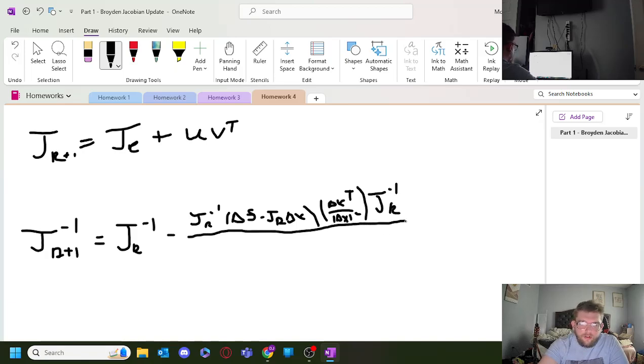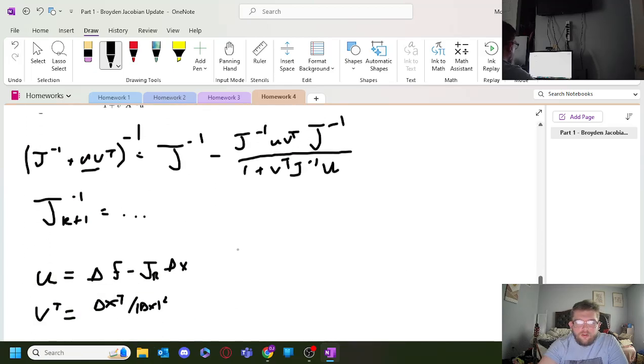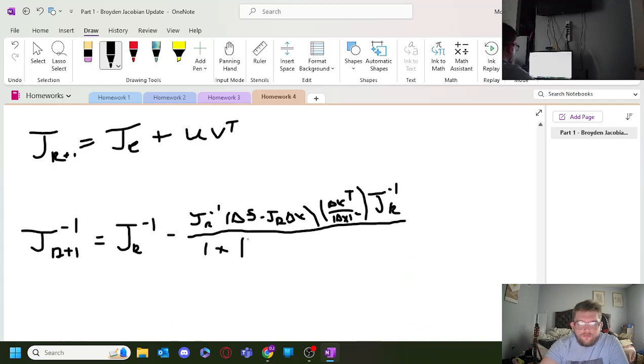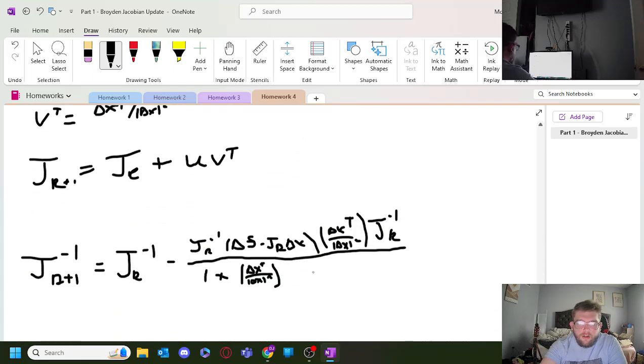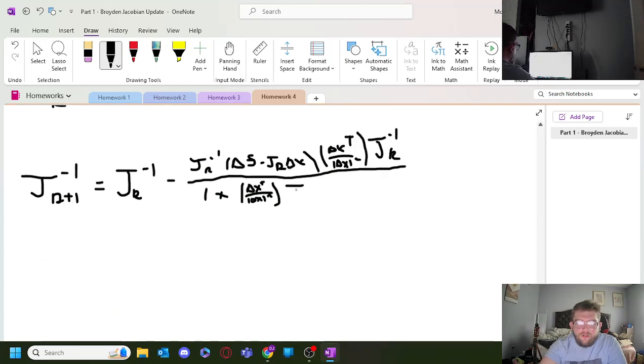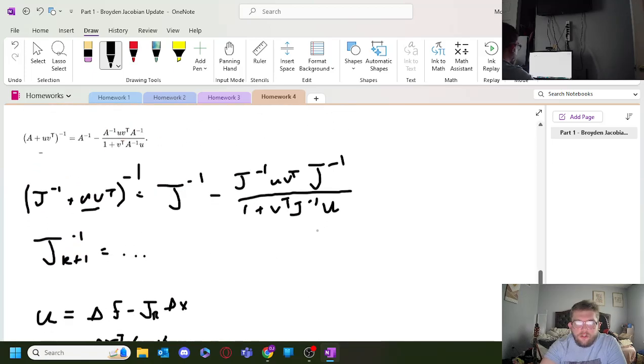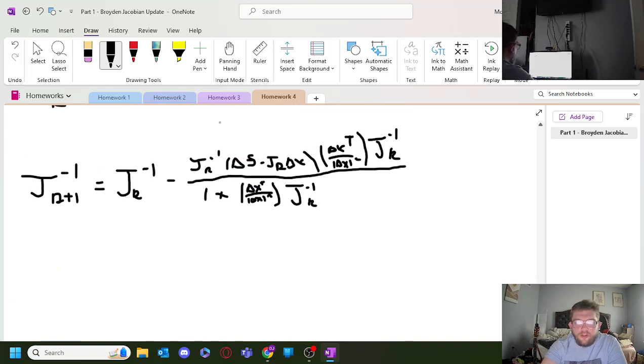Now all of that is divided by 1 plus V transpose, delta x transpose over delta x norm squared, multiplied by the inverse Jacobian, and then multiplied by our U vector.